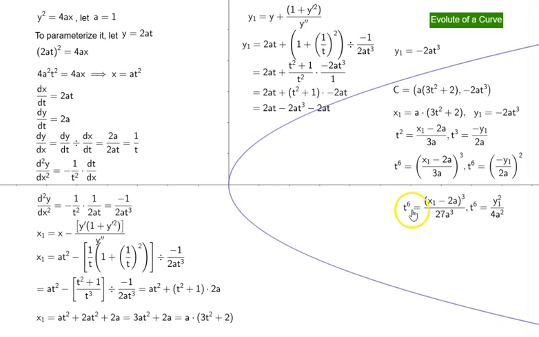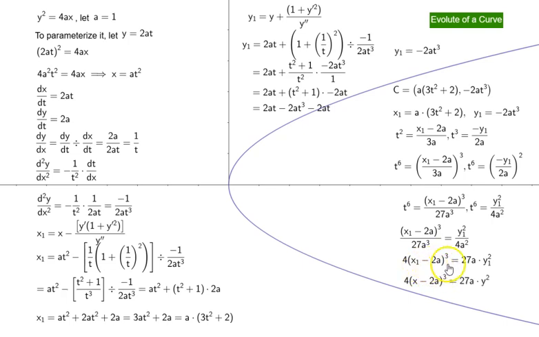Let's simplify this. We get t to the power of 6 is equal to (x1 minus 2a) cube by 27a cube. And here it is t to the power of 6 is equal to y1 square by 4a square. So now the left hand sides are equal. That means the right hand sides are also equal. Again, simplifying this, we get 4 times (x1 minus 2a) cube is equal to 27a times y1 square.